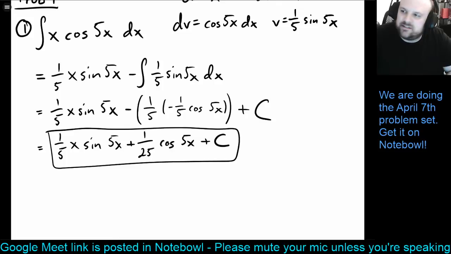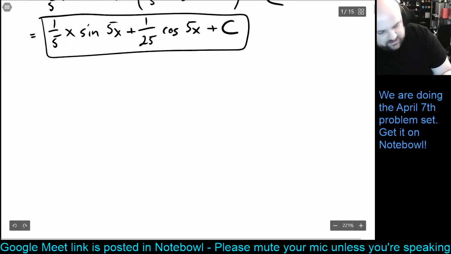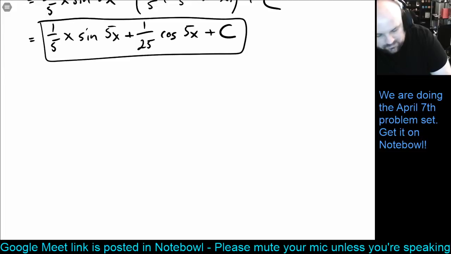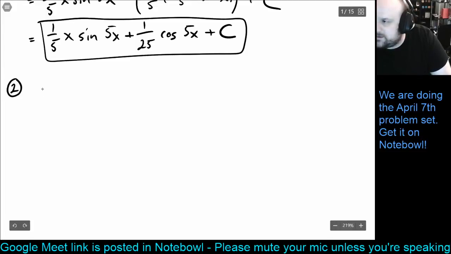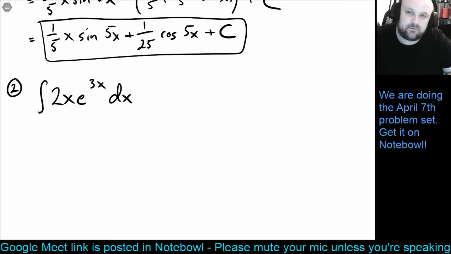Hopefully it's a nice straightforward warm-up. So go ahead and try the second one, part 2 of this. This is 2x e to the 3x. This one will be pretty similar to the one we just did. Try that out, and then we'll work through it.